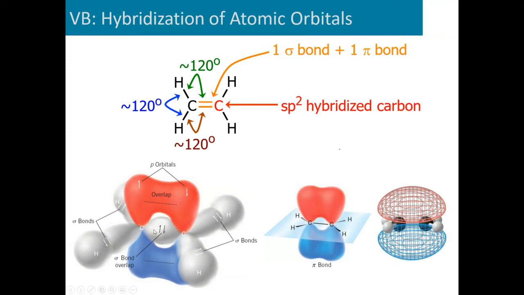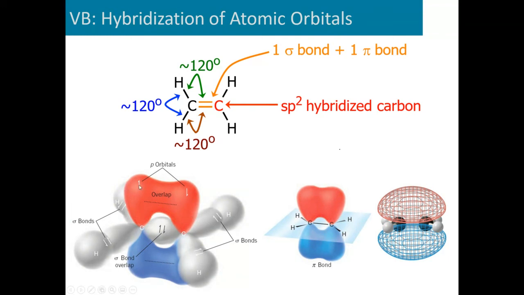The sigma bond is this bond here in between, and also the bonds formed between the carbons and the hydrogens. These are sigma bonds, where you have a head-to-head interaction of the sp2 hybridized orbitals with either another sp2 or with the s orbitals from the hydrogen.